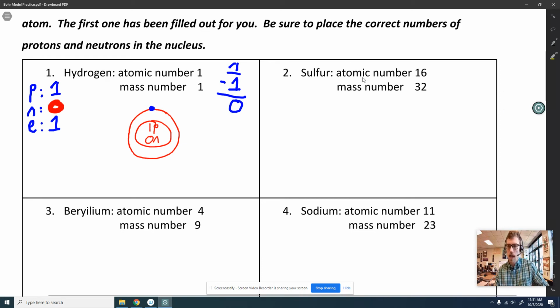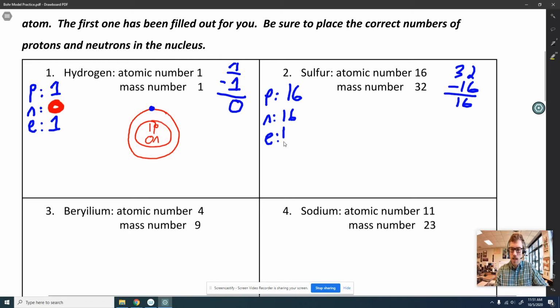Let's do the second one as well. Again, we need to figure out our number of protons, our number of neutrons, and our number of electrons. Okay, protons, atomic number 16, so that's going to be 16. Neutrons, 32 minus 16, mass minus that gives us 16, so our number of neutrons is 16.